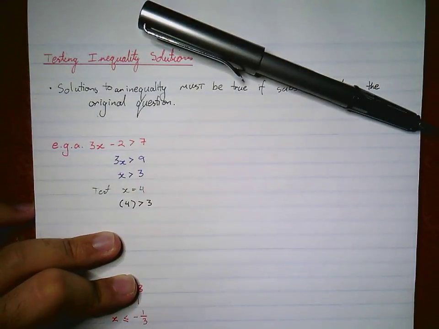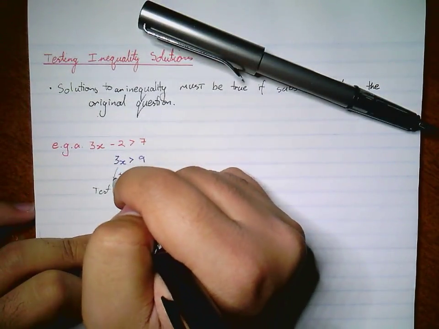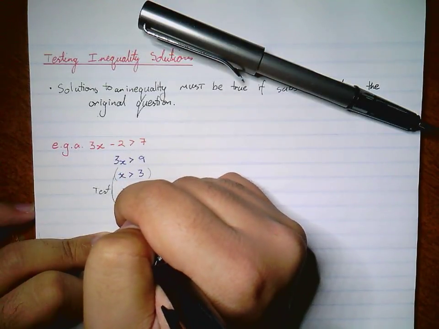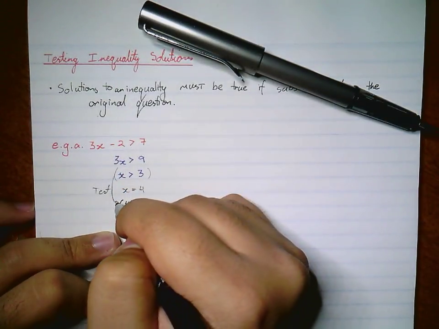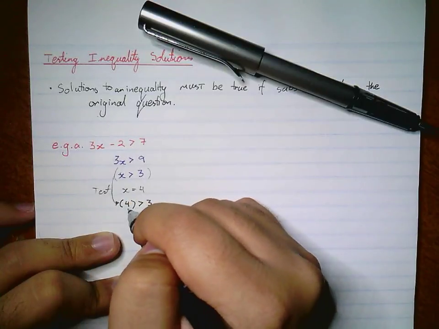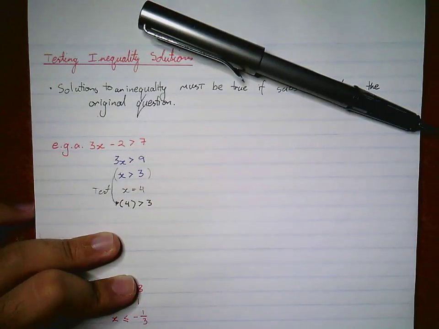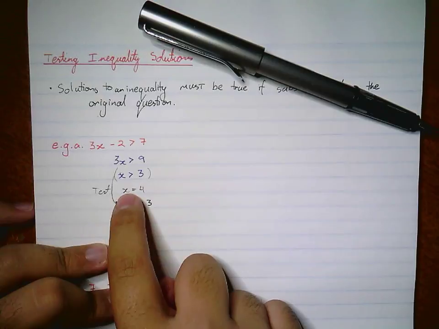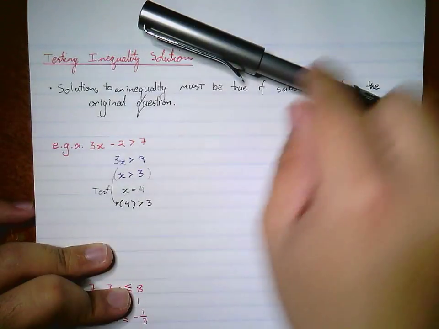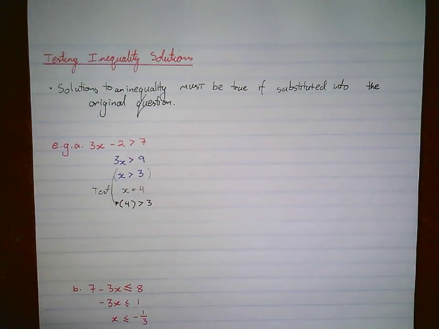I'll do this in pencil so you can see. This one is that one there. So I'm picking a number that is greater than 3, so I pick the number 4 because 4 is greater than 3. So now if I substitute this x equals 4 into the original, let's see what happens, okay?